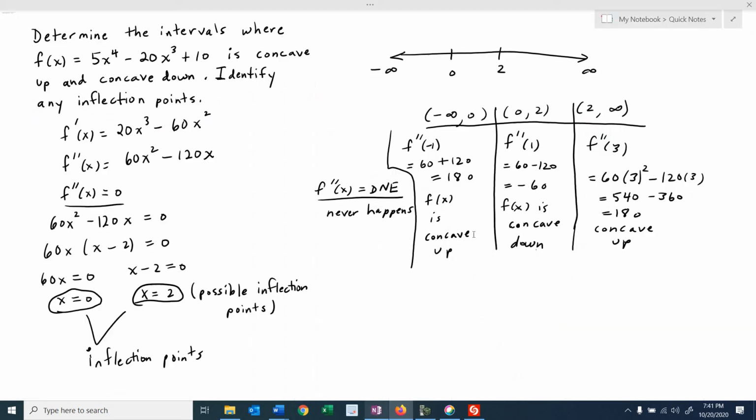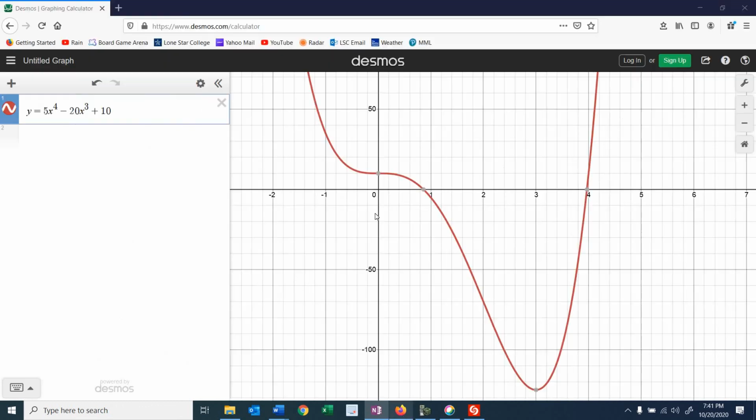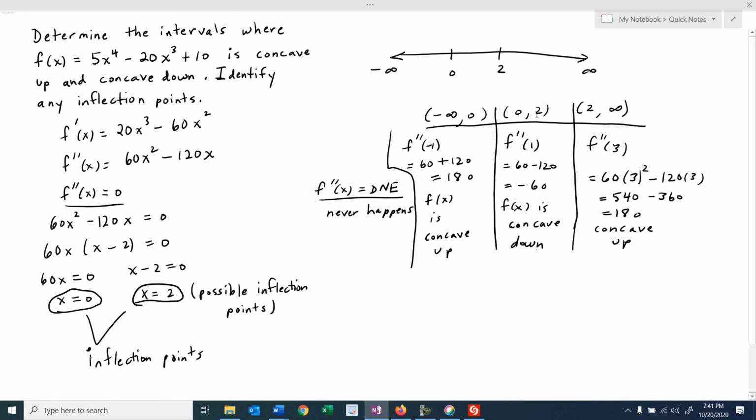And if you go back from negative infinity to 0, it's concave up. But then from 0 to 3, in this interval, you can see that it's concave down. I'm sorry, 0 to 2, it's concave down.